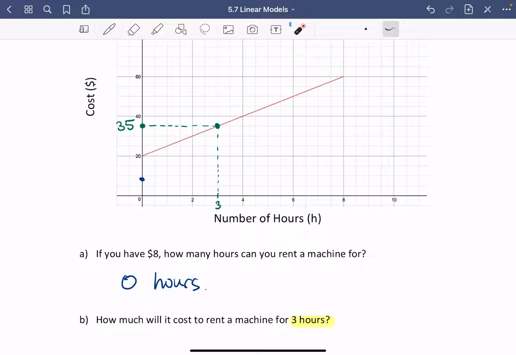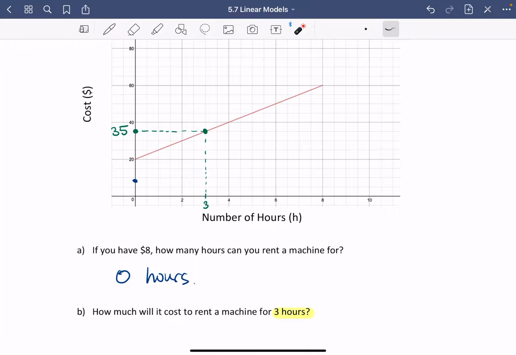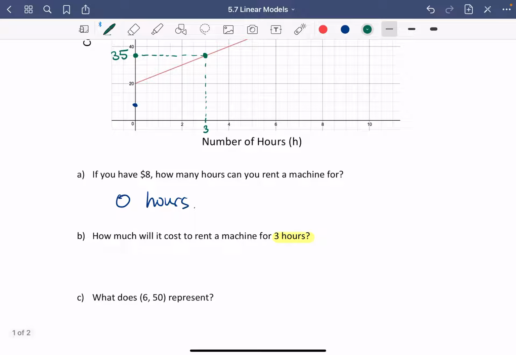Once you know what the question is looking for, in this case 3 hours, you can find 3 hours on the horizontal axis, and then the corresponding point on the graph will have a y value here. That's 35. The vertical quantity is the cost. So we know for 3 hours you need to have $35.